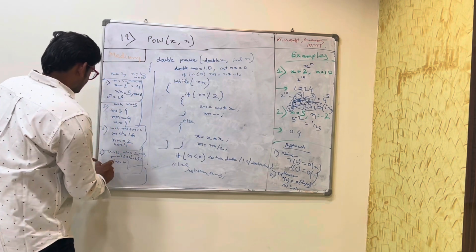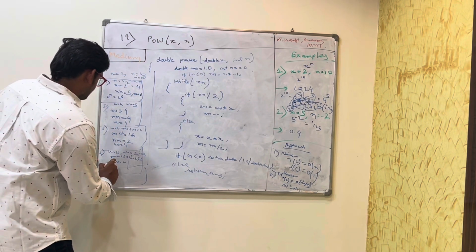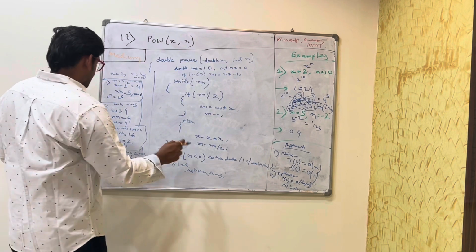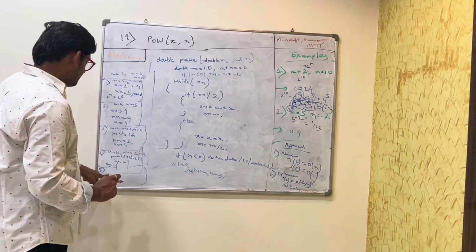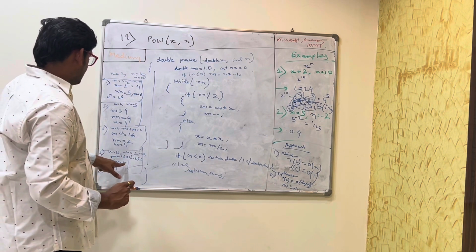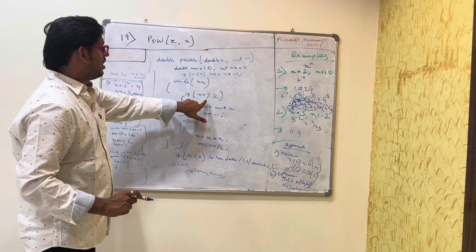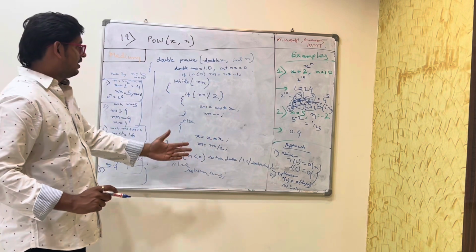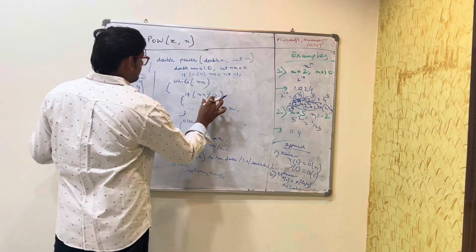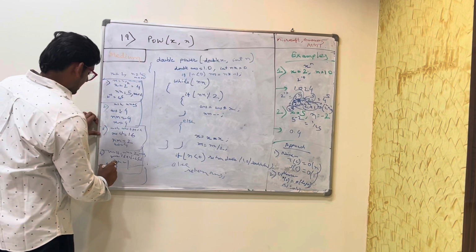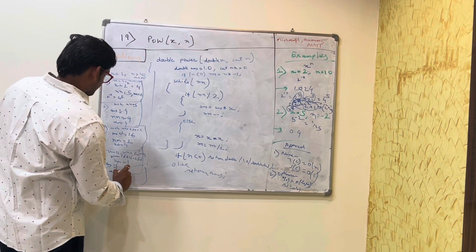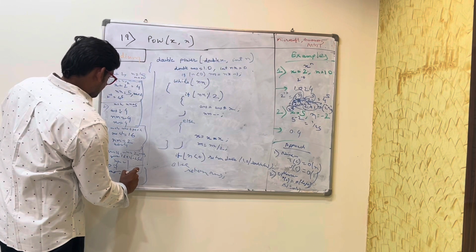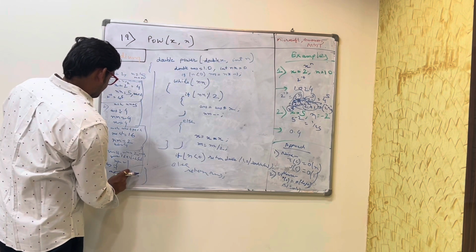Then what will happen to answer? Answer is still 4. Now, fifth case, n is 1, and 1 mod 2 is 1. That means this will come over here. So answer will become 4 into 256.